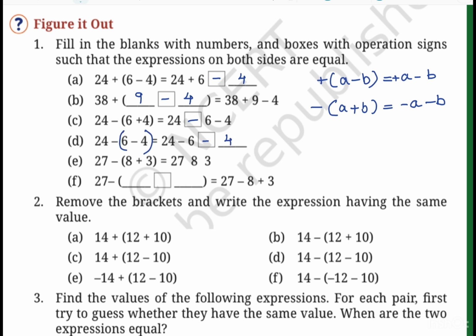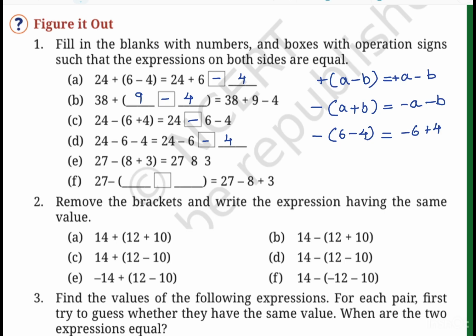If it has a bracket, then the answer will be minus 6 minus 4. When we open the bracket, the signs of the terms in the bracket will be changed, so minus 6 minus 4 becomes plus 4. So the fourth question will be 24 minus 6 minus 4, that is equal to 24 minus 6 plus 4.